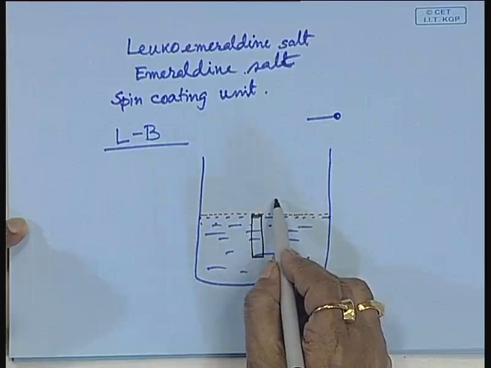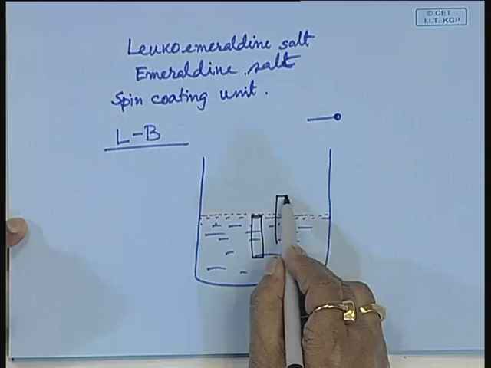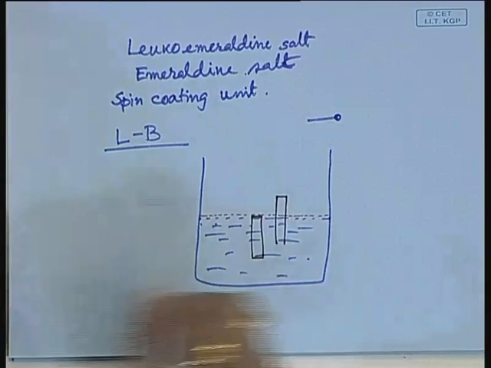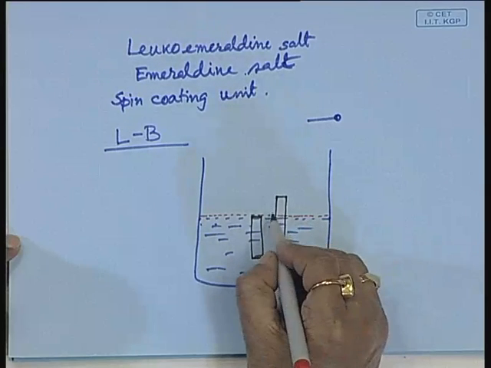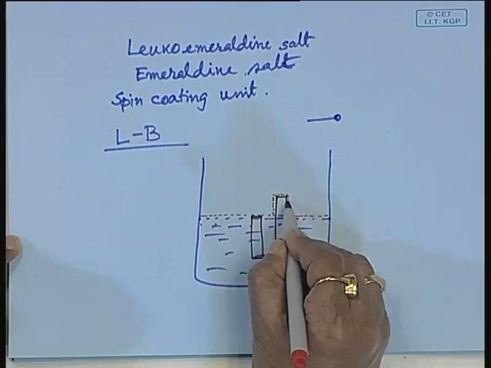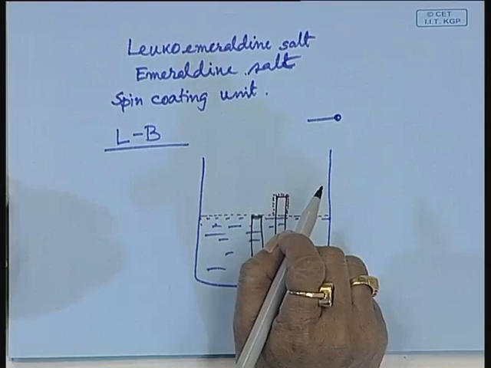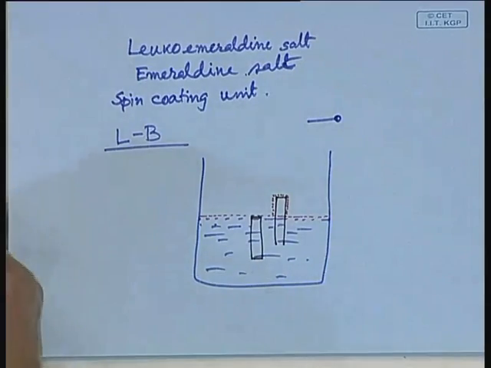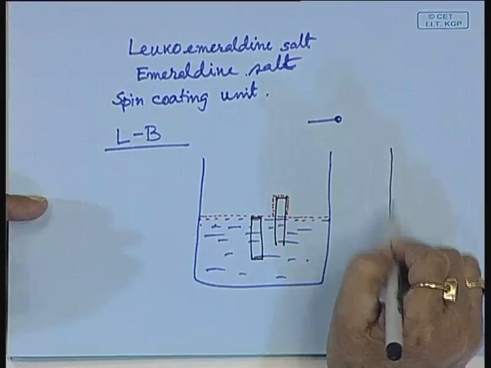So, what will happen by moving it upward? This layer will be deposited on this surface like this. What will happen if you want to make a coating on a substrate with this stearic acid molecule?